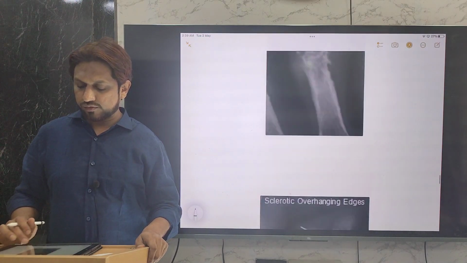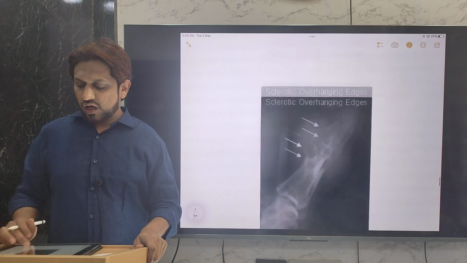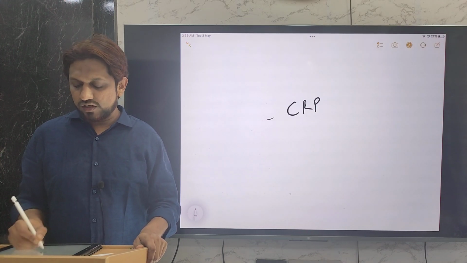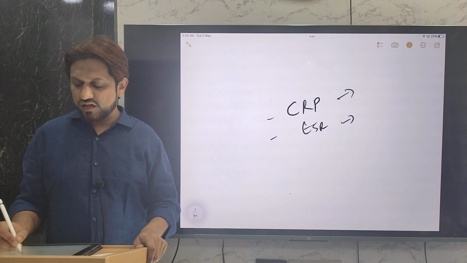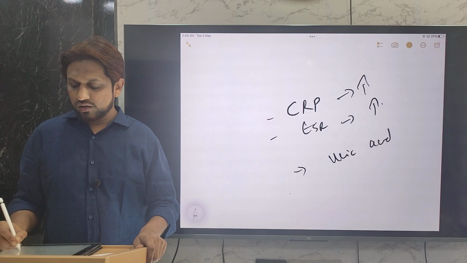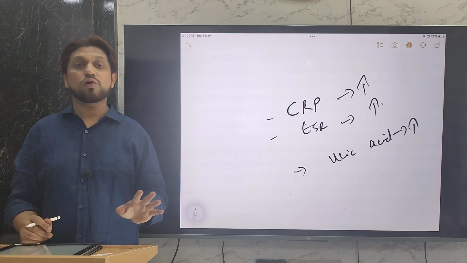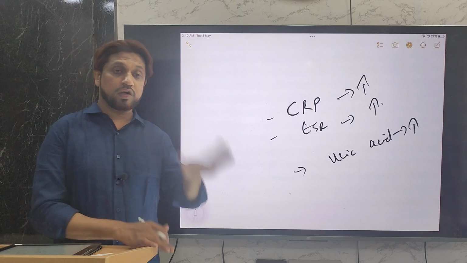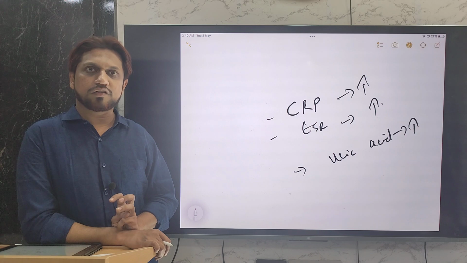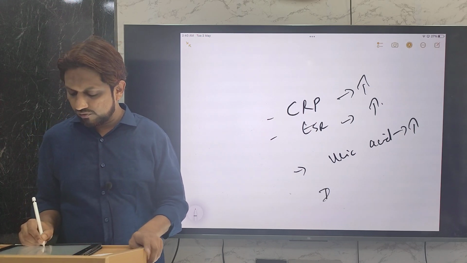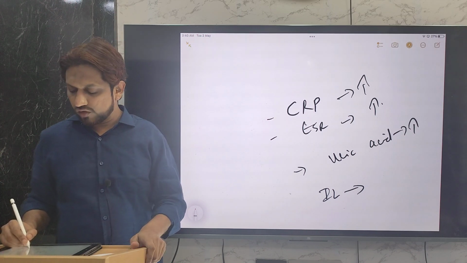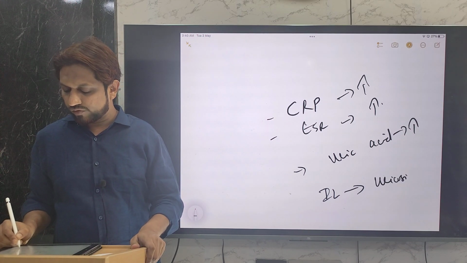So apart from synovial fluid examination and radiography, other blood tests like inflammatory markers like C-reactive protein and ESR are generally elevated. And most importantly uric acid level is elevated, but many times during the acute attacks uric acid level may not be elevated or in fact normal, because the inflammatory mediators like interleukins, one of the interleukins like interleukin 2 or 6, will cause a uricosuric effect.